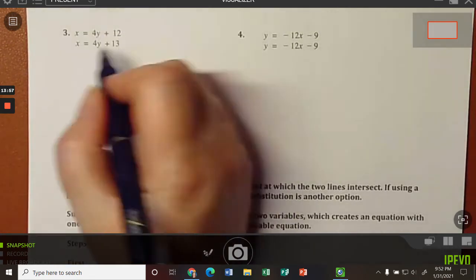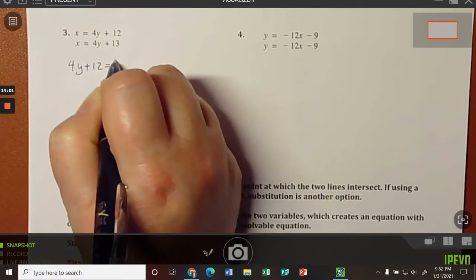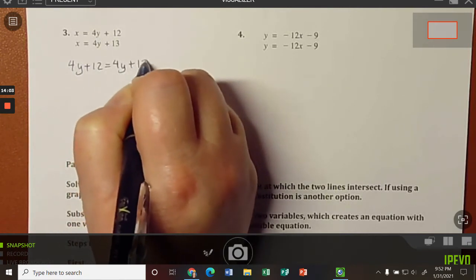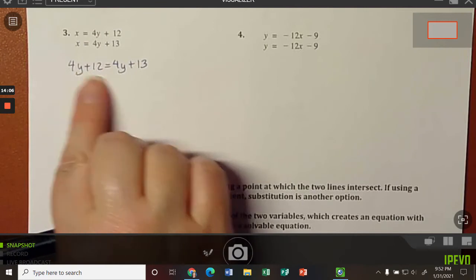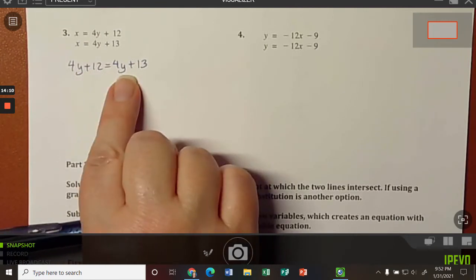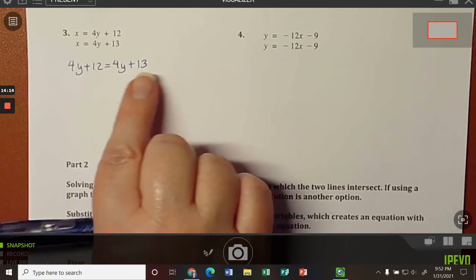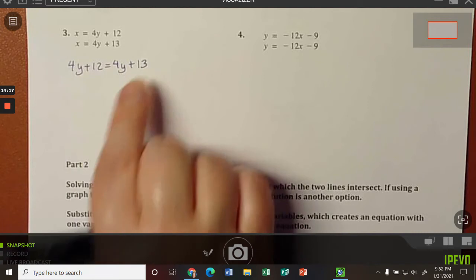And when we try to set that up, 4y plus 12 equals 4y plus 13, okay, we see that 4y is being increased by 12 here, and it's being increased by 13 here. So those can't be equivalent because 12 is not equal to 13.